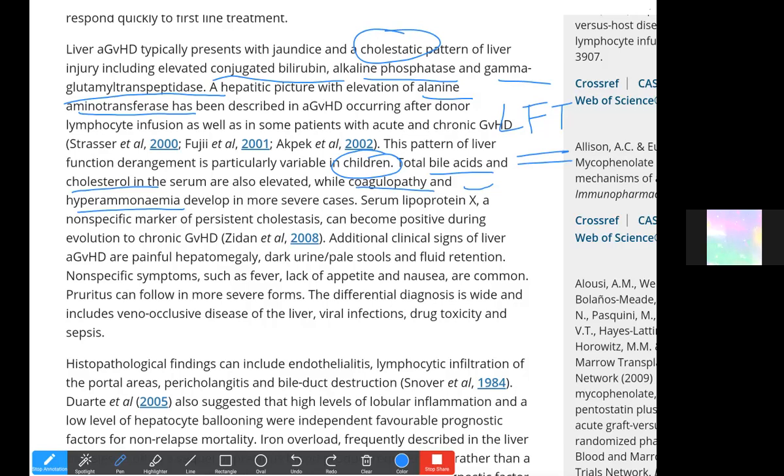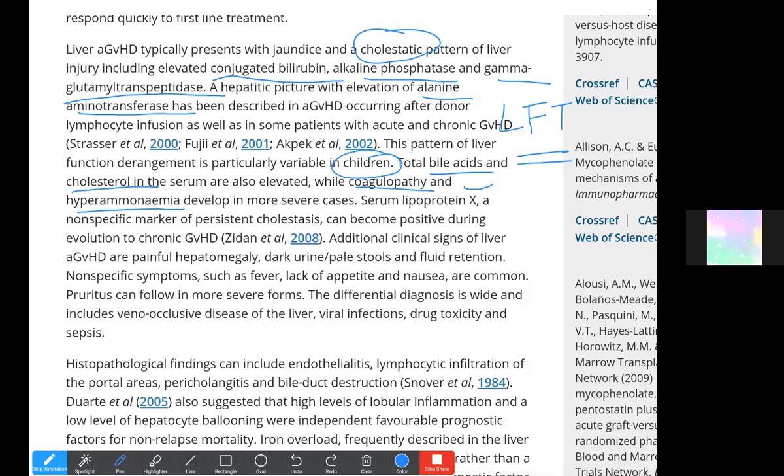Additional clinical signs of liver acute GVHD are painful hepatomegaly. So basically, in this case, we not only have jaundice, but because of the liver involvement there could be pain at the site of the liver, painful hepatomegaly, with ascites and fluid retention, and then dark urine and pale stools, because of the cholestatic pattern of involvement.